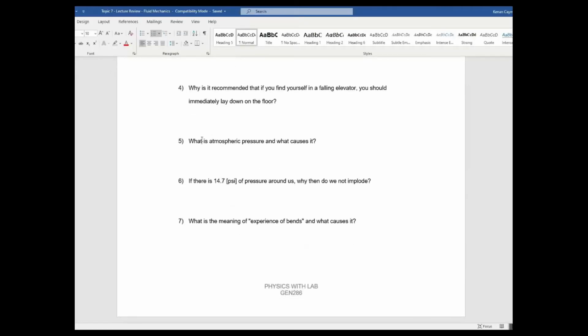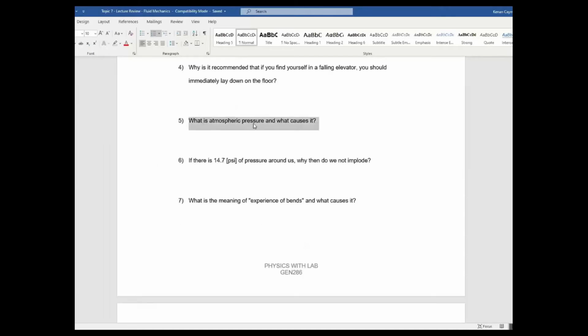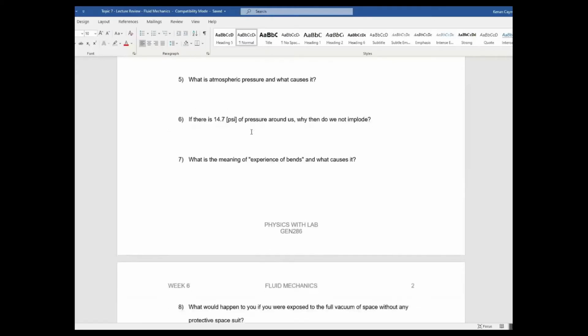Question number 5, what's atmospheric pressure and what causes it? It's the pressure caused by the weight of the air on top of us. Okay, very good. What causes it is the weight of the air acting on your body. So atmospheric pressure is the pressure generated by the weight of the atmosphere. Question number 6.